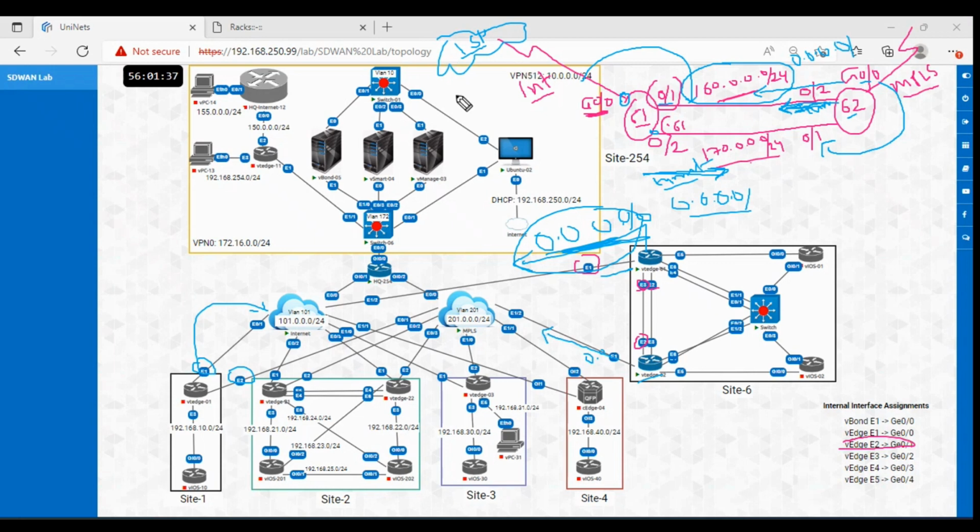So we will be configuring 160 and 170 statically on these ISPs, this one and this one, so that return traffic for these networks can come back on 61 and 62.